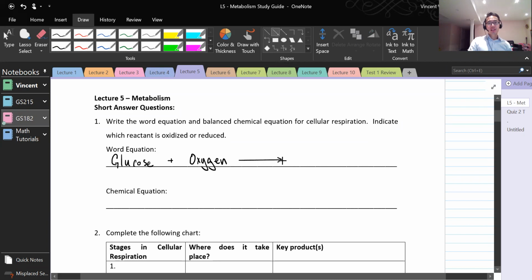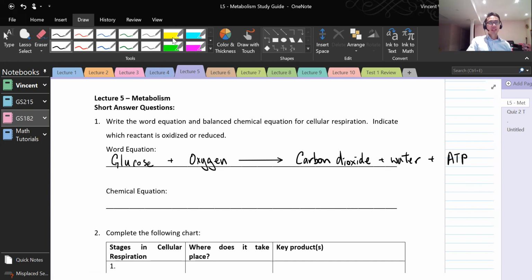And in the process, we will be producing carbon dioxide and water. Okay. And most importantly, we are going to be creating ATP, the adenosine triphosphate, which is the usable form of energy for our cells.